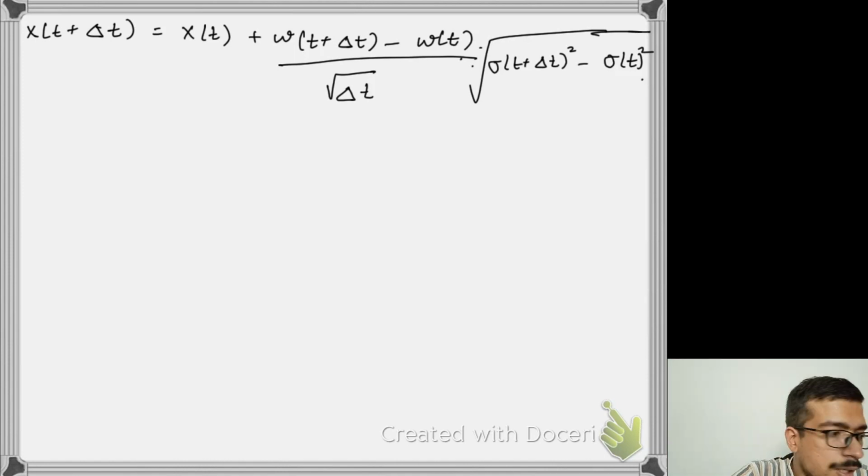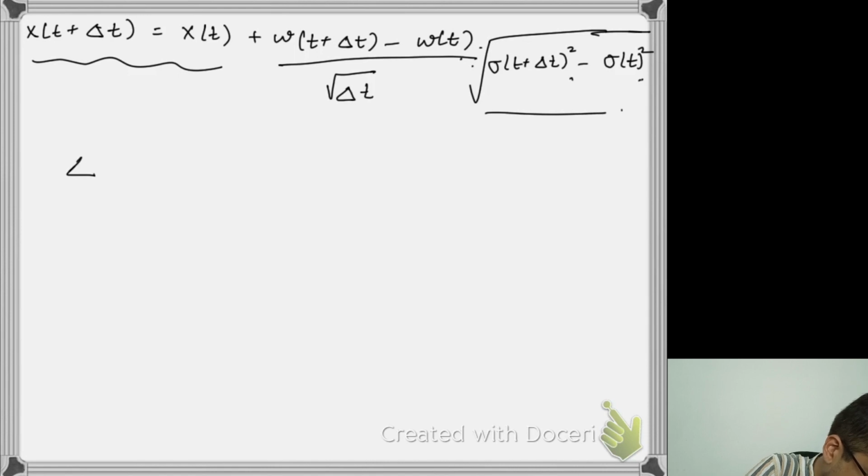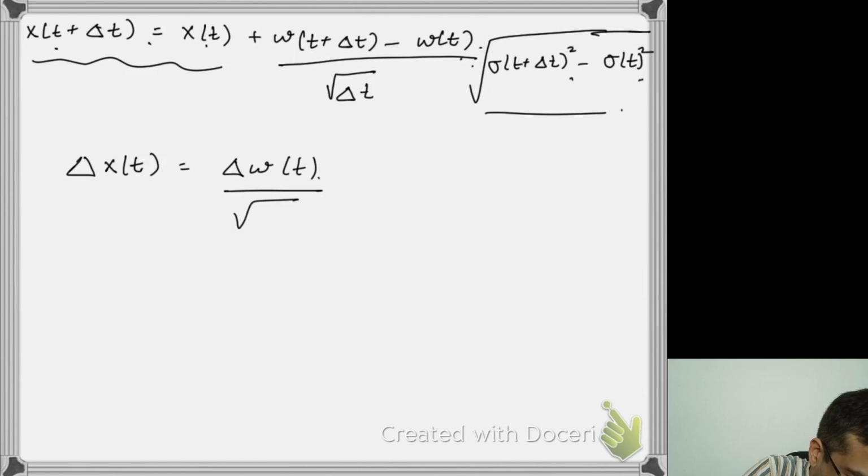And now I can write x of t plus delta t minus x of t as delta xt, which equals delta wt over the square root of delta t times the square root of delta sigma t square.